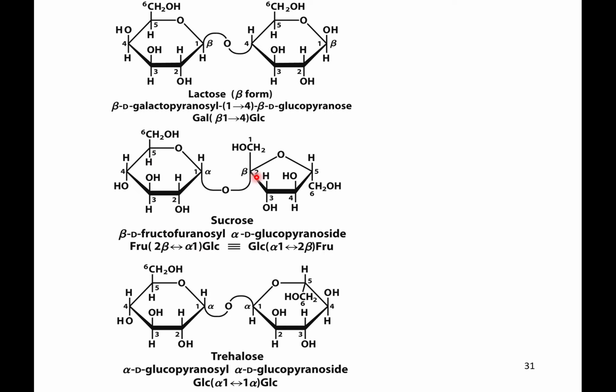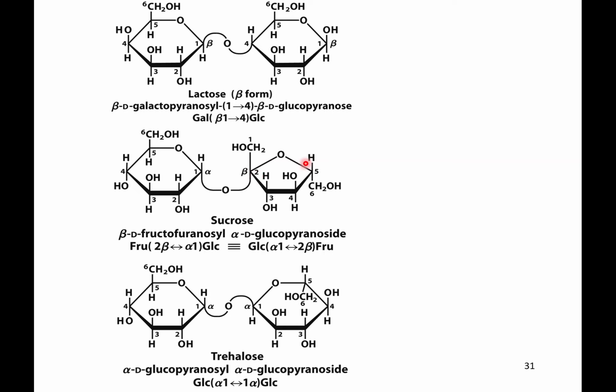Sucrose is a non-reducing disaccharide because it has the glycosidic bond between two anomeric carbons. Fructose looks a little bit different in this case because it's drawn upside down, in a sense.